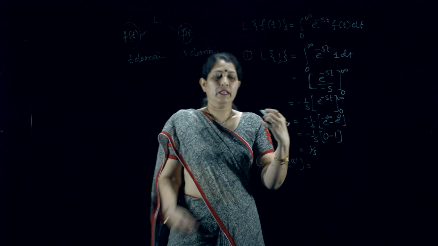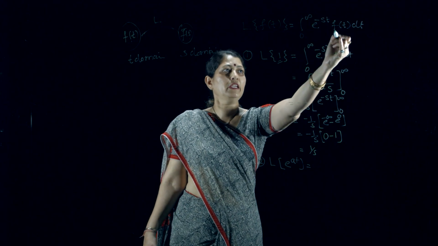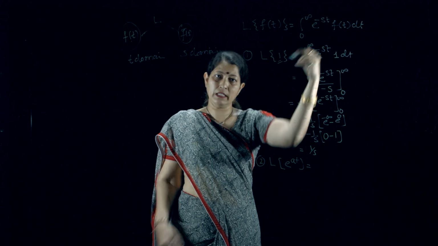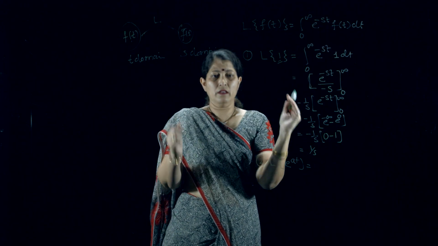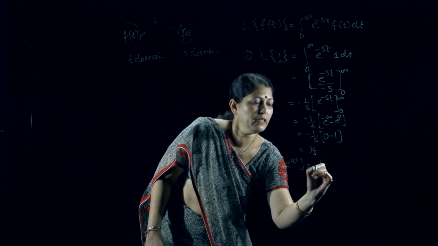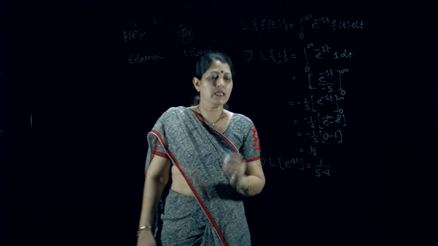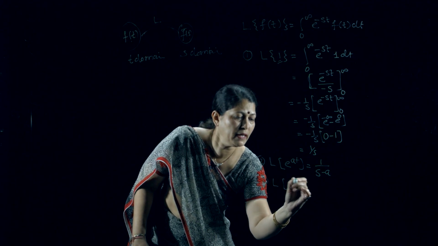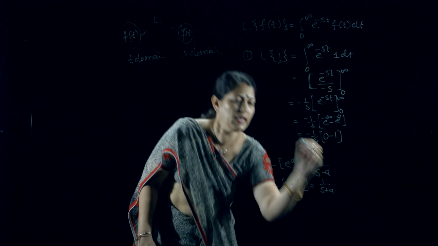Here also we can use the definition: instead of f(t) we put e power at, then we can take the integral, and we find 1 upon s minus a is the solution. Similarly, number 3, e power minus at is 1 upon s plus a.